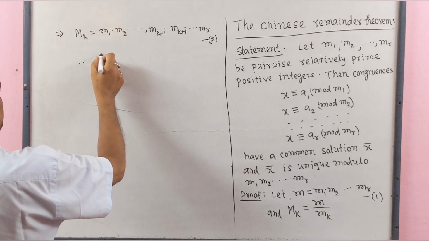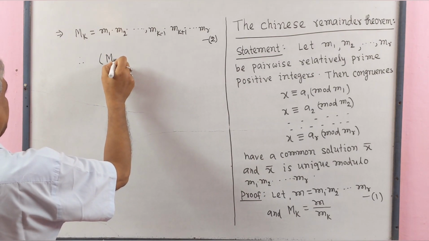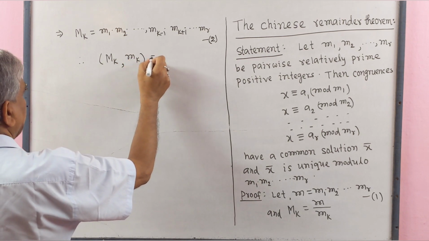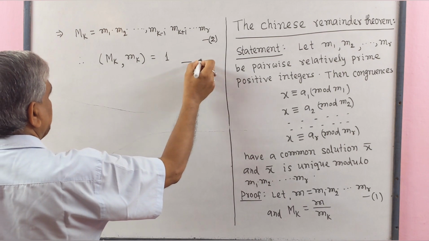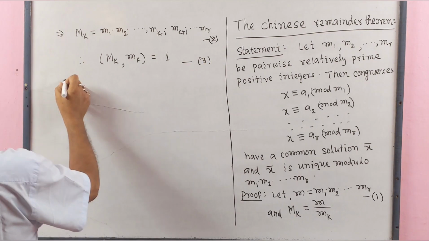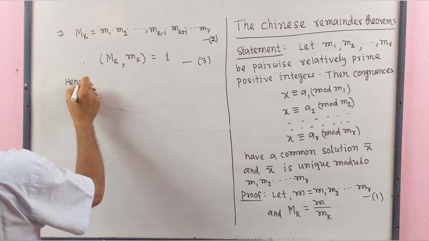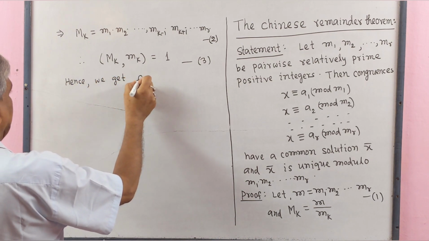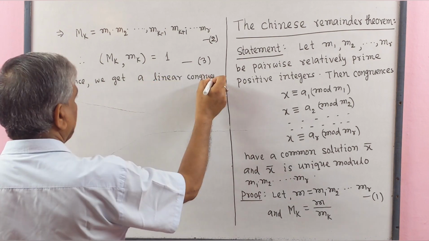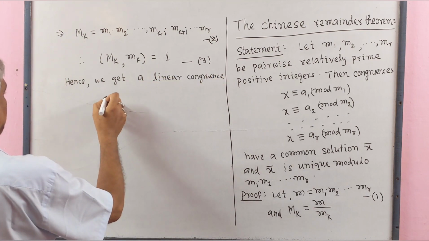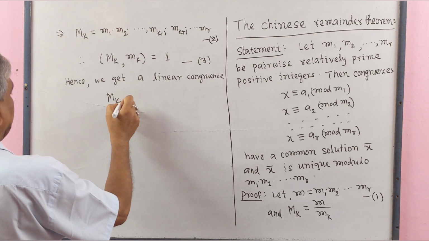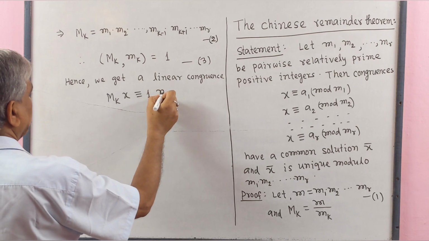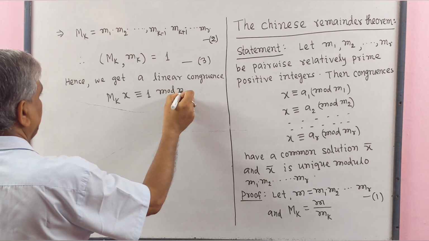Therefore, GCD of capital Mk and small mk equal to 1. This is number 3. Hence, we get a linear congruence: capital Mk x congruent to 1 modulo small mk.